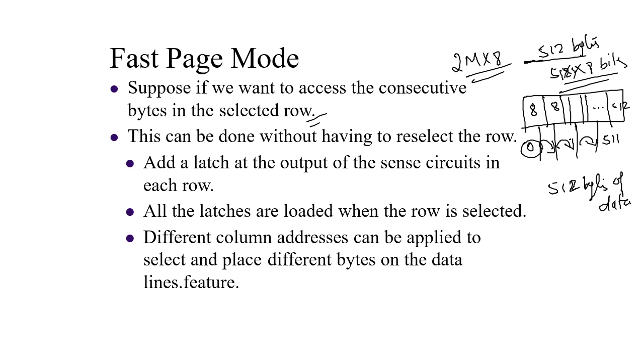Here all the latches are loaded when the row is selected, and different column addresses are applied to select the different bytes on the data lines. Thereby you can access multiple data without changing the row address, which will enhance the speed of transfer of data between the memory and the processor.